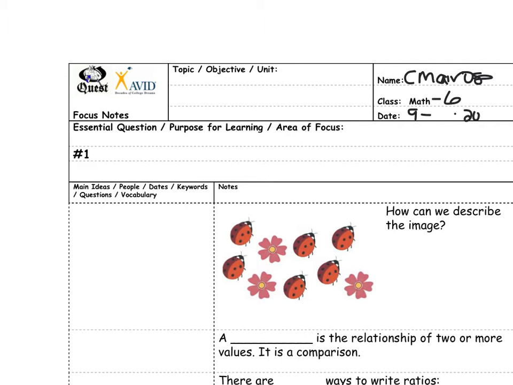And it's 2020. So we are doing 6.1.1 ratios. Our focus today is on how to write ratios.